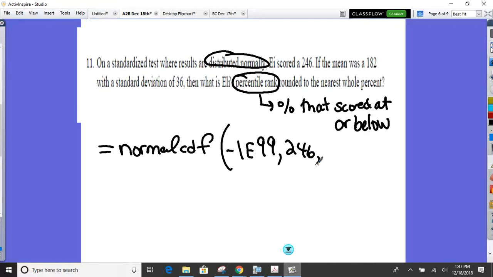246. What was the mean? 182. Ooh, he did well, huh? He did pretty well. Standard deviation, 36. Let's go nearest percent on this one. Nearest percent. He did pretty well, huh?